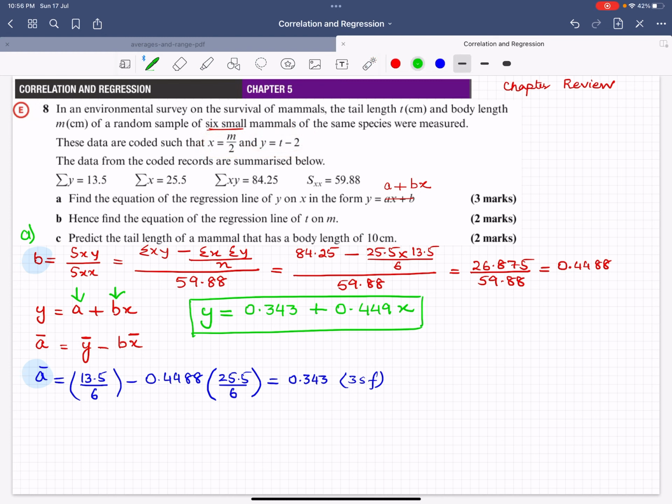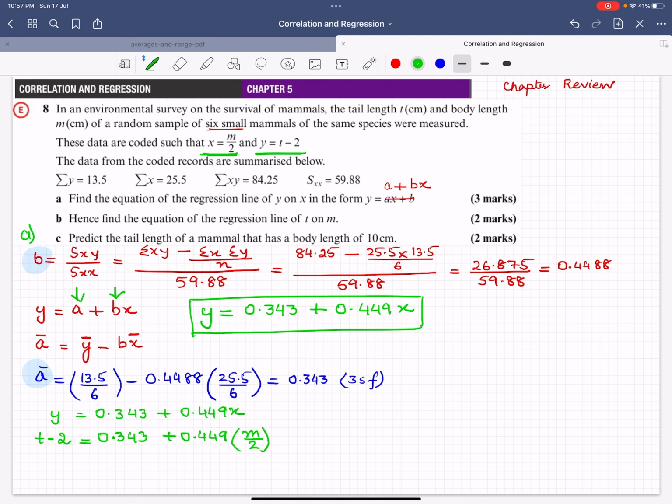First we write the original equation: y is equal to 0.343 plus 0.449x. For y we substitute t minus 2, so we write t minus 2. 0.343 is as it is, 0.449, and for x, we substitute m by 2, so we write m by 2.